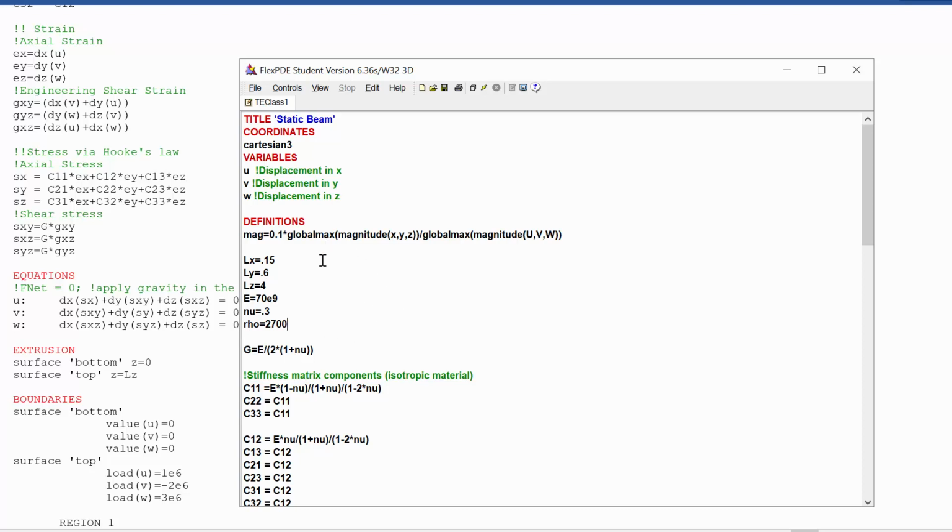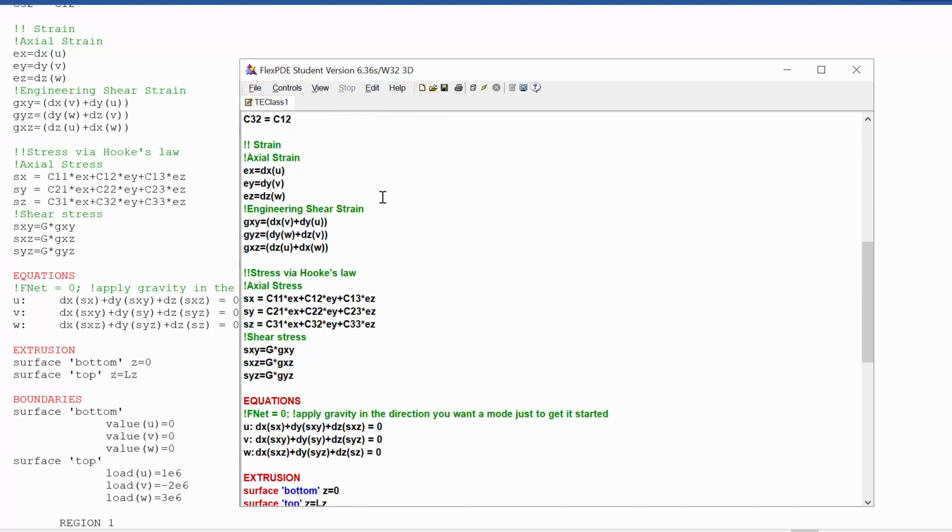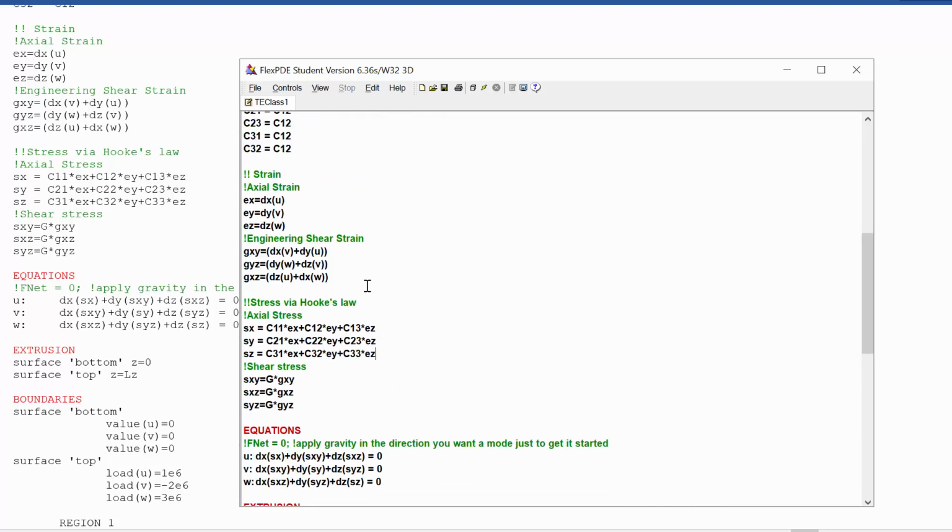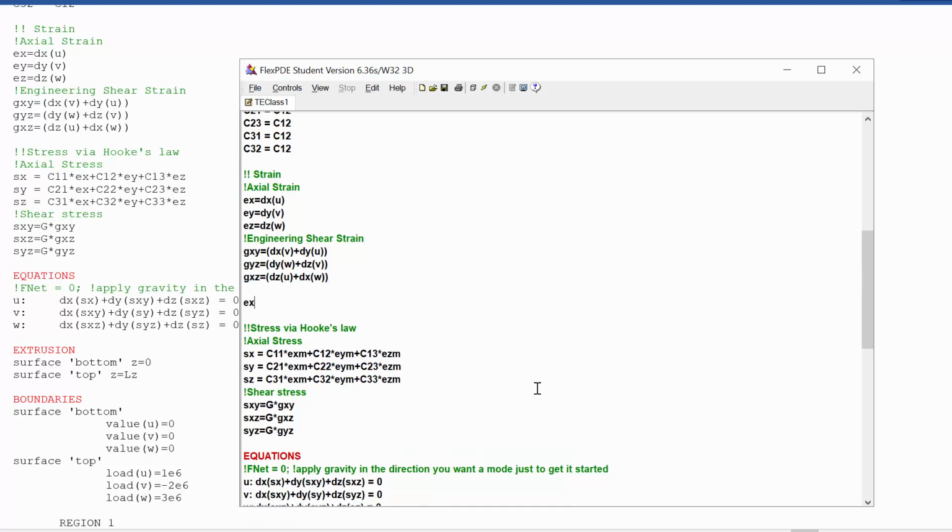What we've got to do is add in that this is now based on this mechanical strain, and write out what the mechanical strain is. EXM is equal to EX minus alpha delta temp. Can't use delta T because delta T is already written.